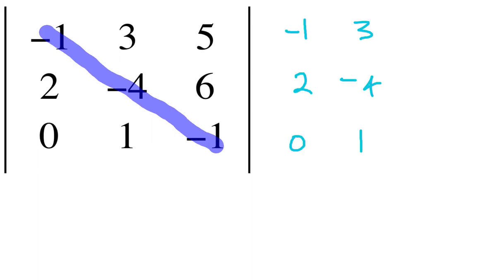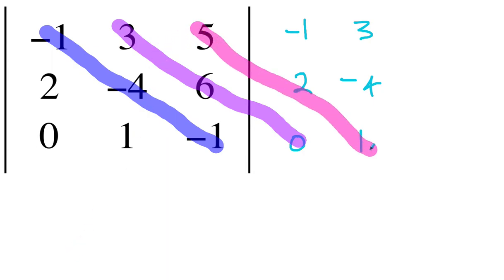I was supposed to do a different color, but it didn't take when I clicked it. There we go. Okay, these two and these three. That's why you extend the two columns, so that you can see what the elements are that you multiply by. You could just hook around.